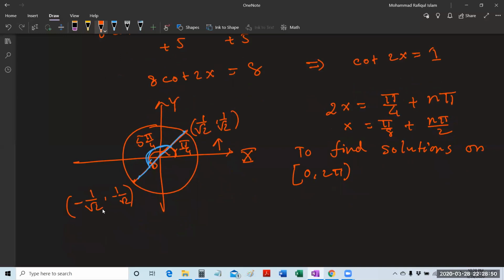So let's substitute n equals to 0, then we get x equals to simply pi over 8.